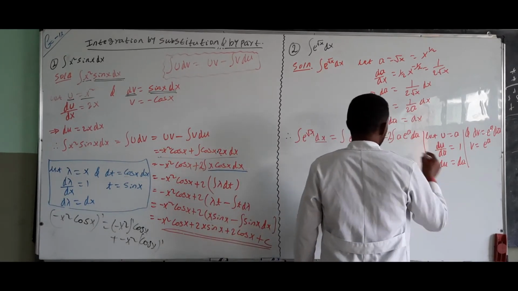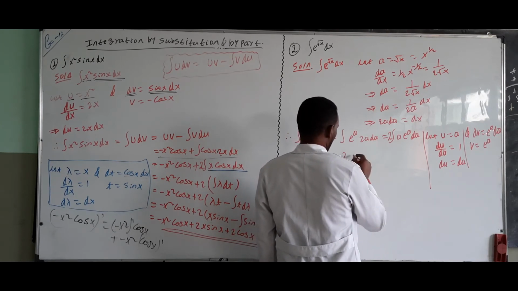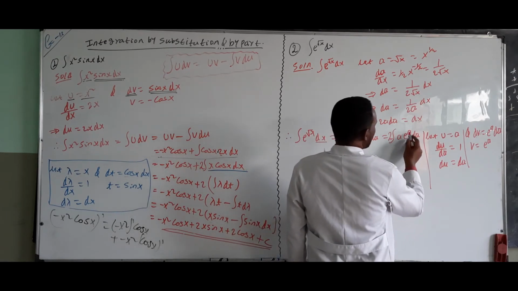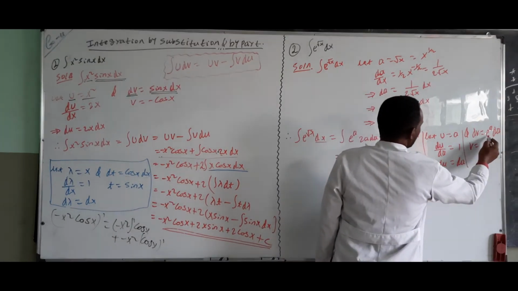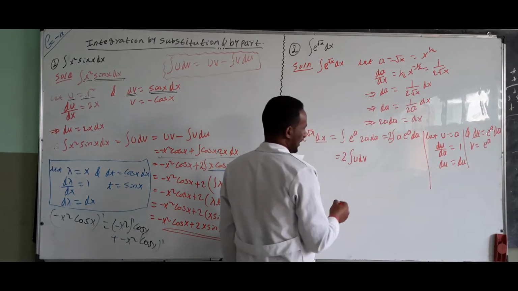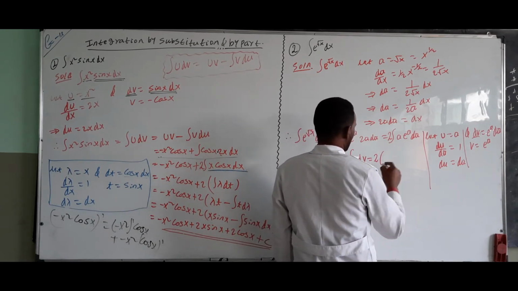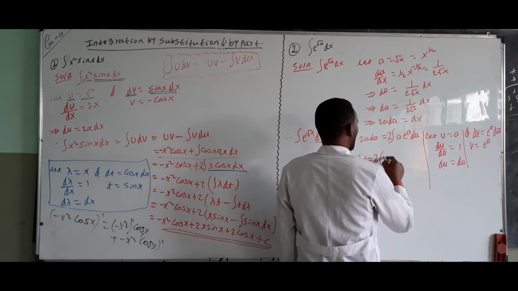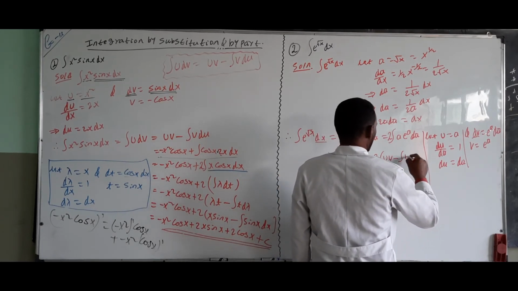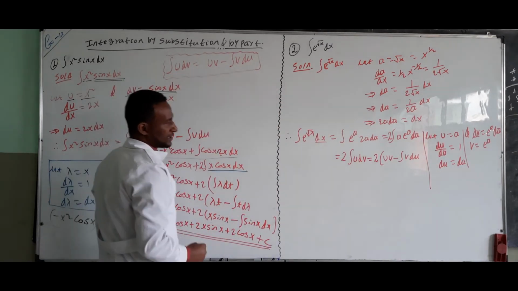Then when we rewrite this one, it becomes 2 times integration of a, which means u, and e the power of a dA. e the power of a dA is substituted by dv, which is equal to 2 times, 2 means this constant, times u dv, which means uv minus integration of v du by the integration by parts formula.